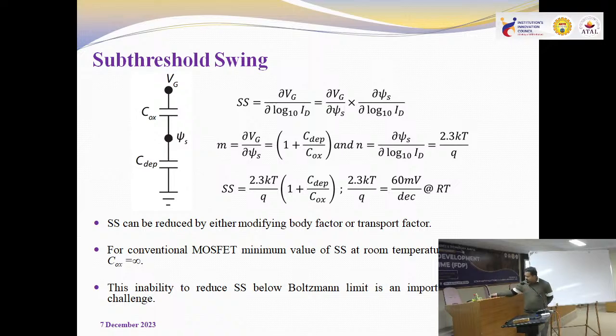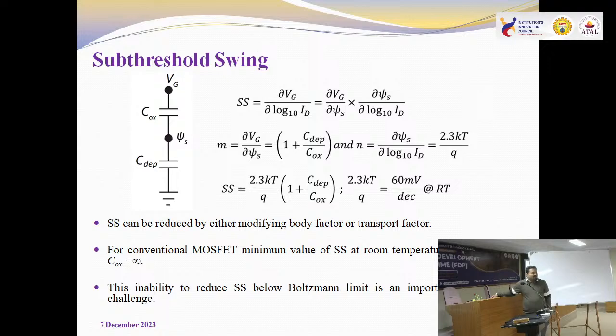Now please remember, there is 1 plus C depletion upon C ox. 1 plus something is obviously greater than 1, so 60 multiplied by something greater than 1 will be more than 60. So subthreshold slope in the conventional MOSFET cannot be scaled below 60 millivolt per decade. The minimum value of subthreshold swing can be 60 millivolt per decade.